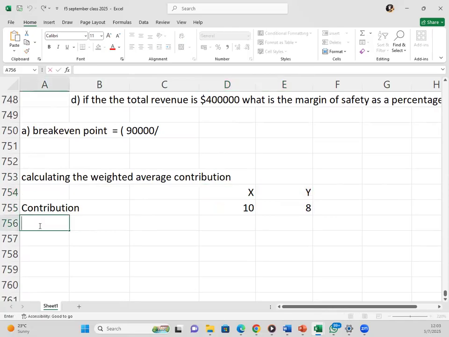After you've gotten the contribution, you then put your mix. What is the mix ratio?